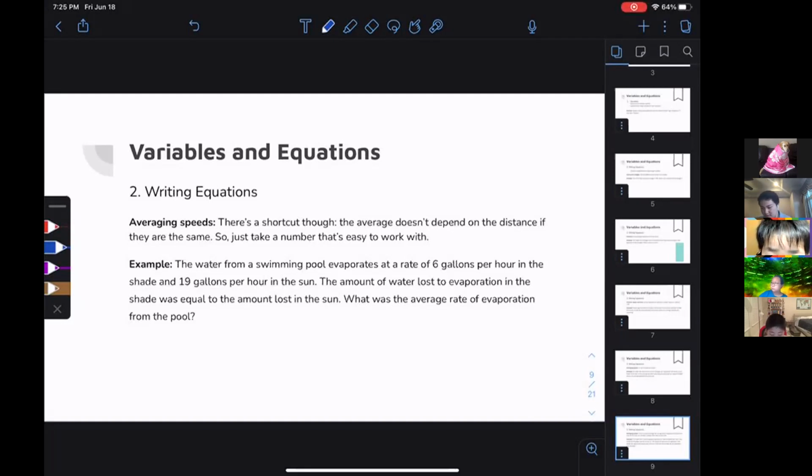The problem is: the water from the swimming pool evaporates at a rate of 6 gallons per hour in the shade and 19 gallons per hour in the sun. The amount of water lost to evaporation in the shade is equal to the amount lost in the sun. It wants us to find the average rate of evaporation from the pool. Does anybody have an answer or a way to do it? Someone who hasn't gone yet, maybe?